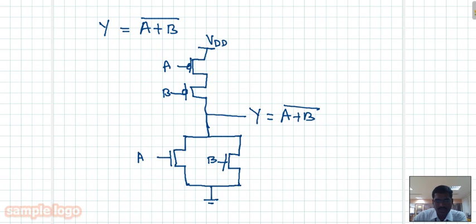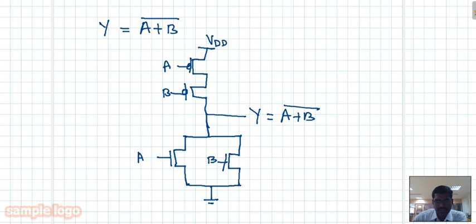Since it is a plus operation, all the inputs are in parallel in the NMOS, and in the pull-up network the inputs are in series. Why this pull-up network and why this pull-down network? Based upon the input, we know that for an NMOS, if A equal to 1, then it is on.